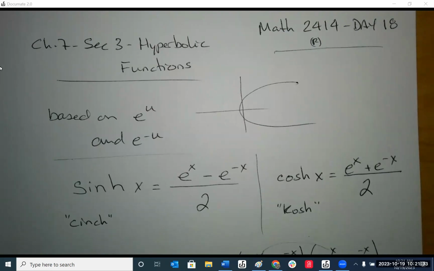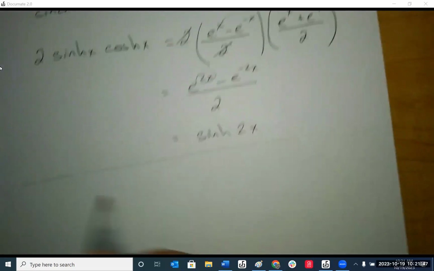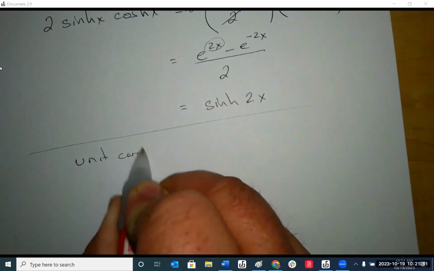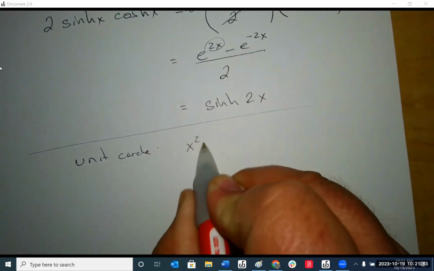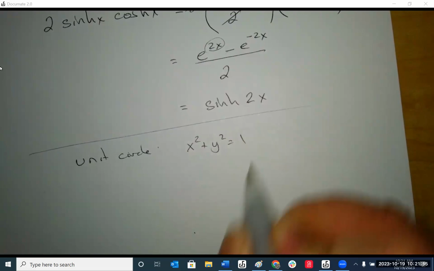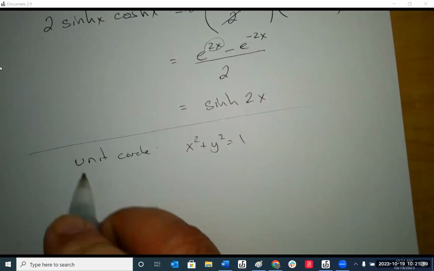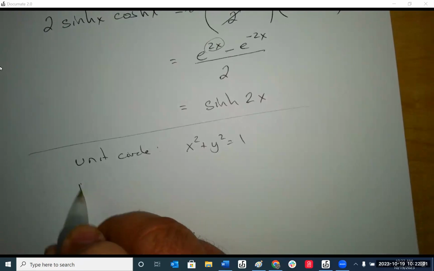And recall from calculus or from trigonometry that the trig functions can be used to represent circles, same as a unit circle was represented by x squared plus y squared equals 1. We could do this with trig functions.